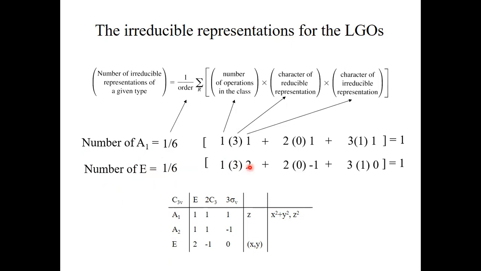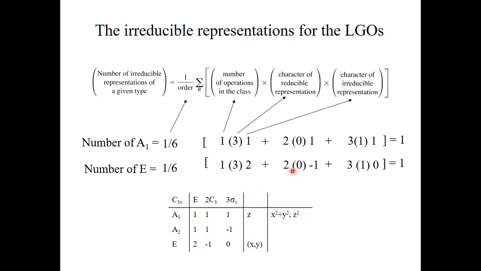Why is that so? Because the number of operations in the class underneath E is 1. The character for the reducible representation is again 3. And the character of the irreducible representation in this case is 2. Okay, so this is this 2 here in the row for the symmetry type E underneath the symbol for the symmetry operation E.